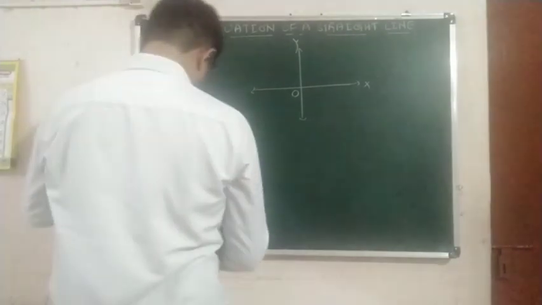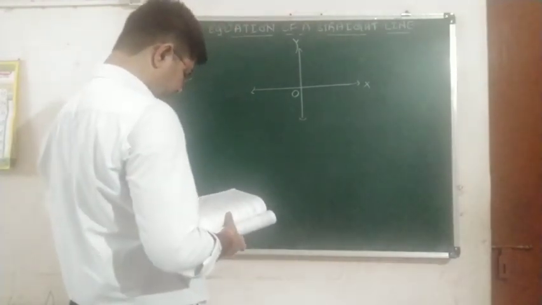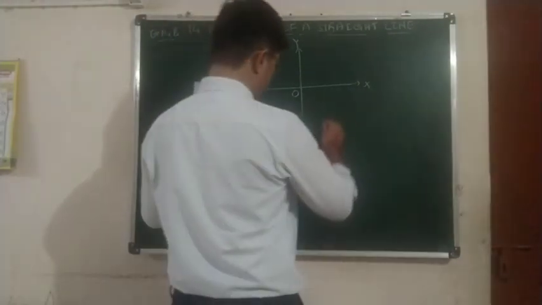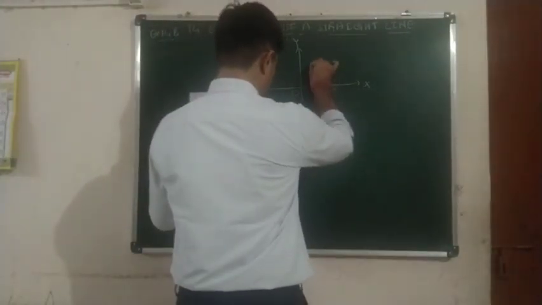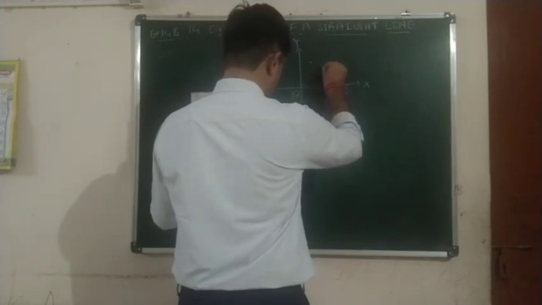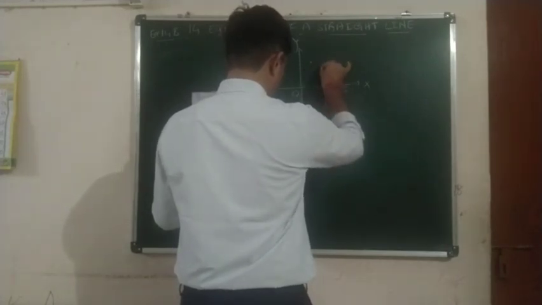O is the origin. We have 2 points, 1 comma 4 over here and 2 comma 3 over here.